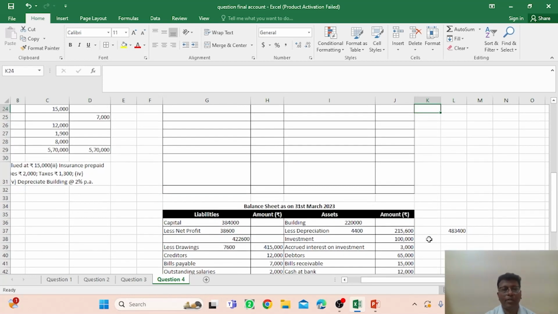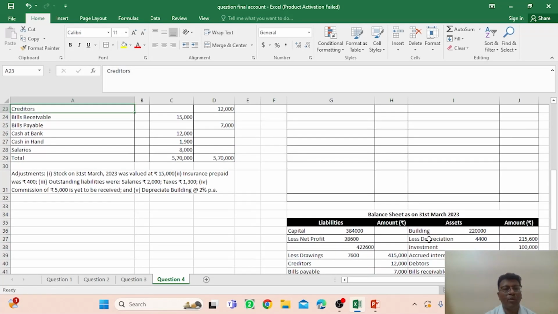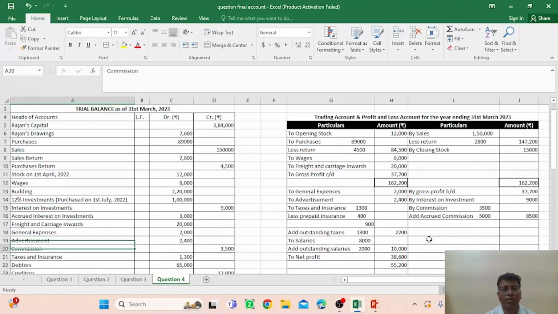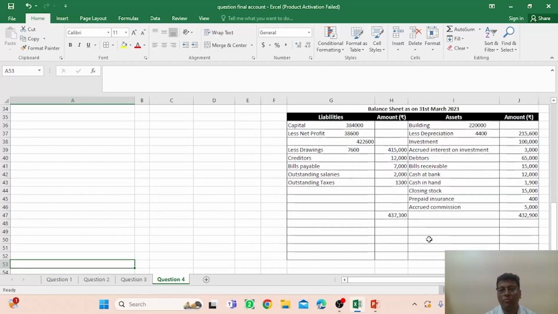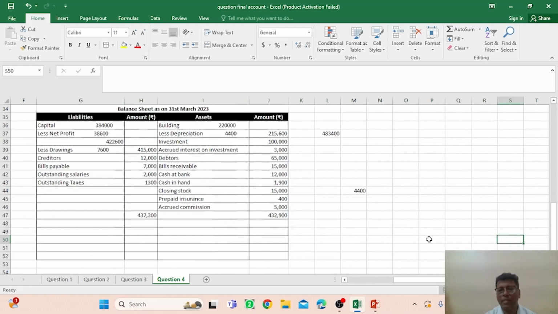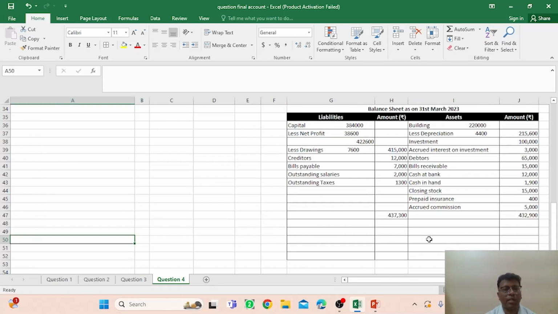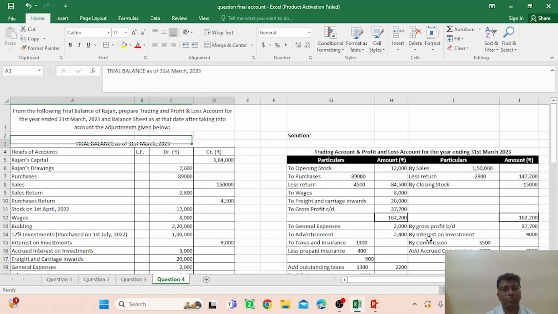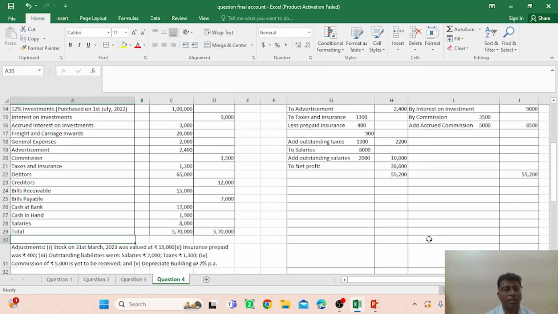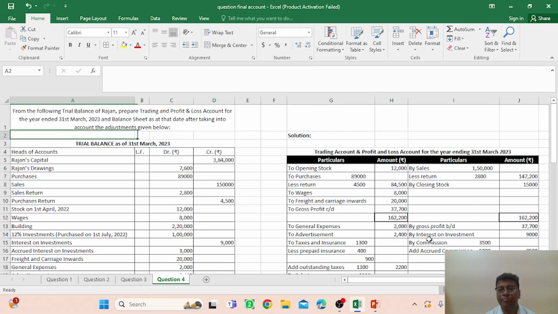Maybe a particular adjustment you left, or you have to find exactly what the particular case is. So the way to find this error: 4,400 is given to you, so we have to check it, or you can take half of this amount, that is 2,200, and try to see whether 2,200 or 4,400 is given to you somewhere. So in the trial balance we approach 2,200 or 4,400. No, such a particular item is not given with this amount, right?